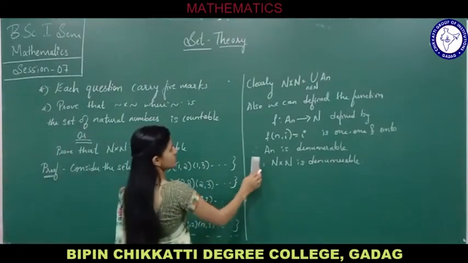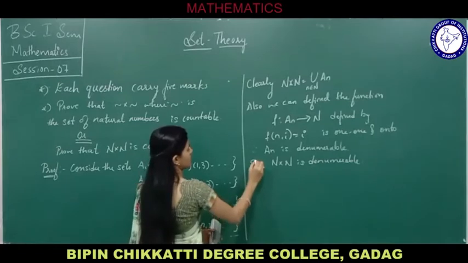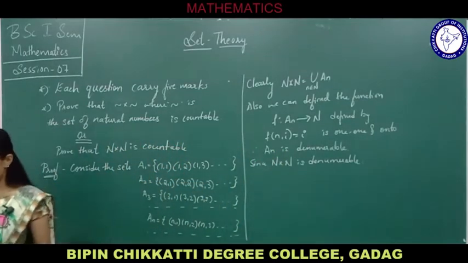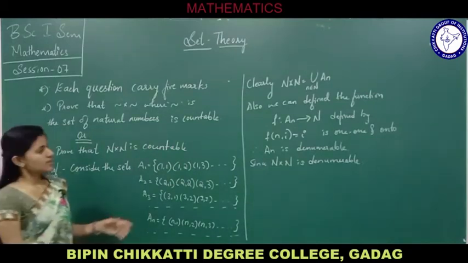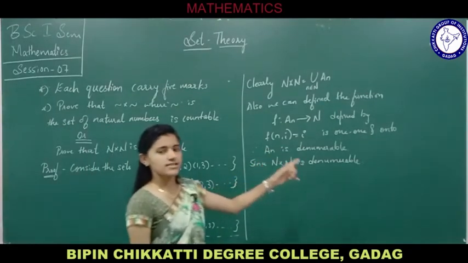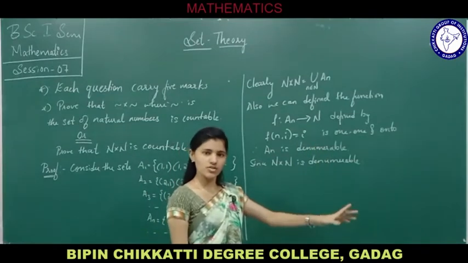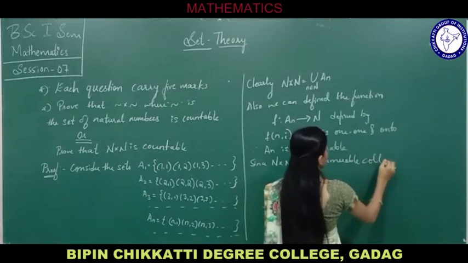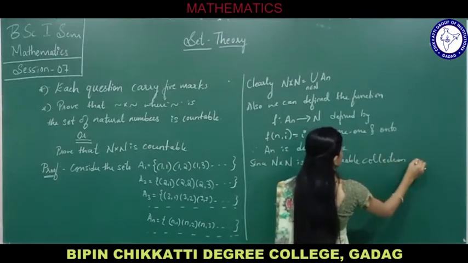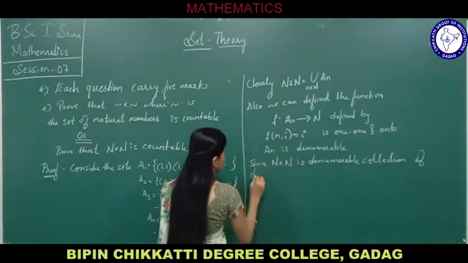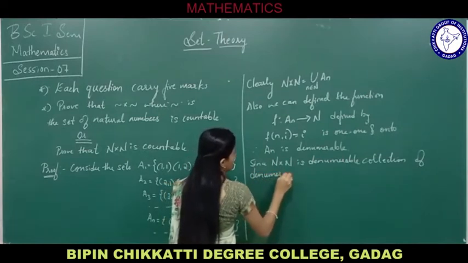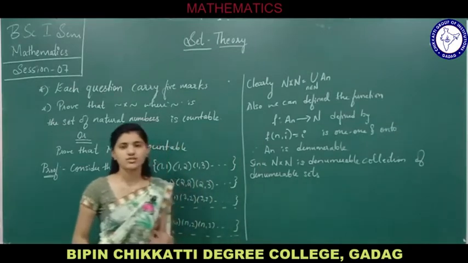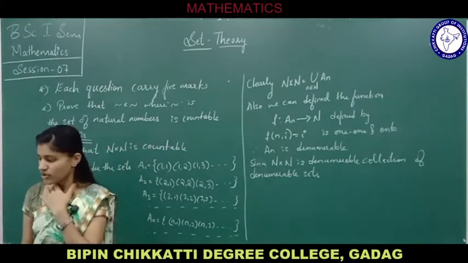Since N cross N is a collection of denumerable sets, right? A denumerable collection of denumerable sets. If it is a collection of denumerable sets, then what is going to happen?